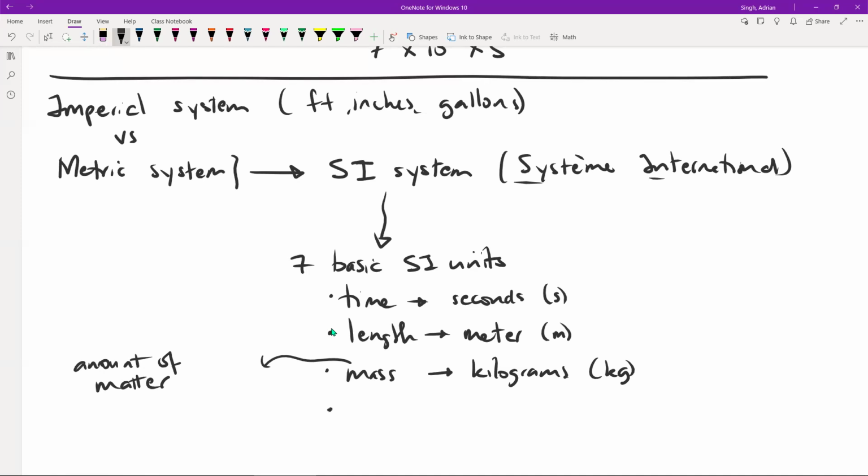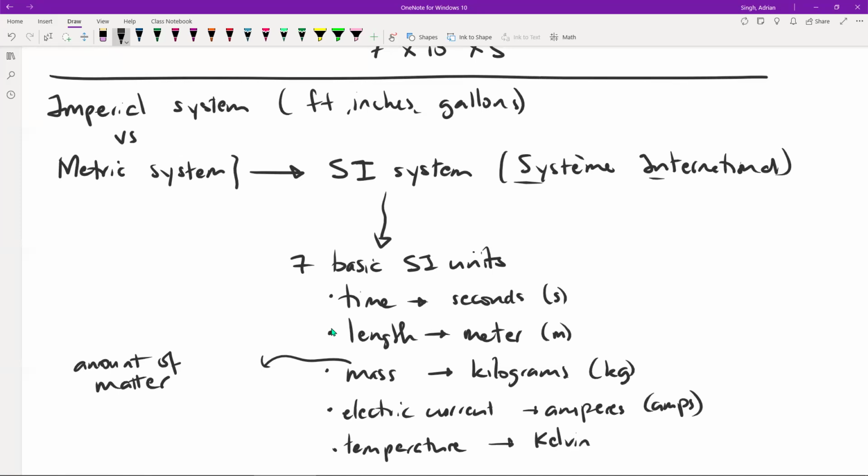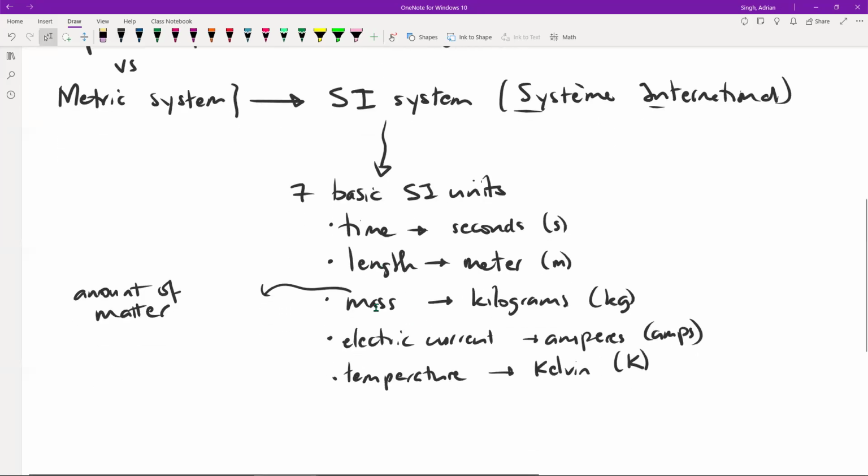We have electric current, which is measured in amperes. We also have temperature. The SI unit for temperature is the kelvin, abbreviated with a big uppercase K. That's 1, 2, 3, 4, 5.